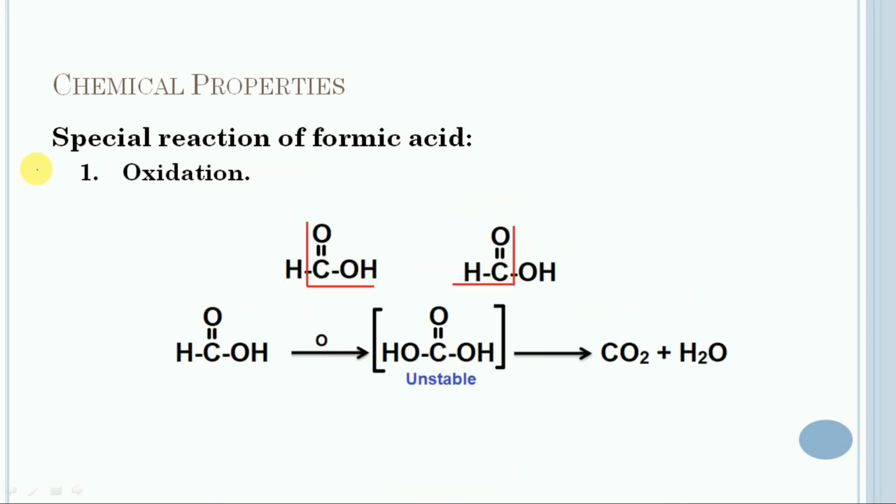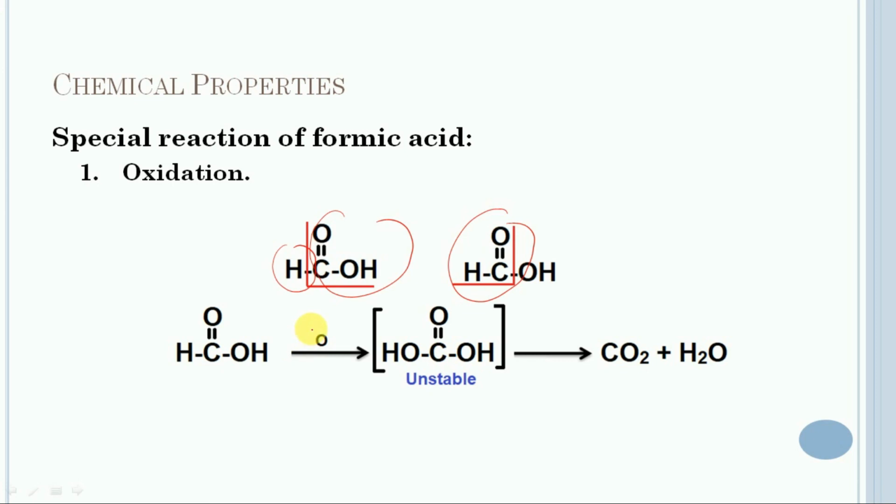The next category is special reactions of formic acid. In case of formic acid, the carbonyl group is attached to a free hydrogen atom, so formic acid combines the properties of an acid and an aldehyde.